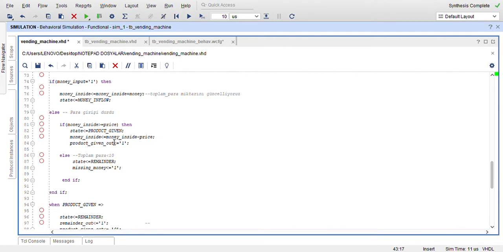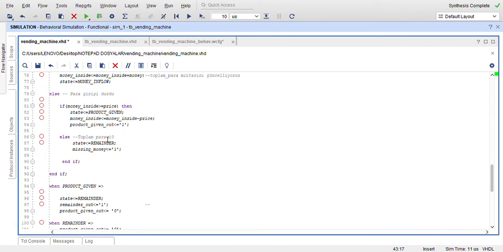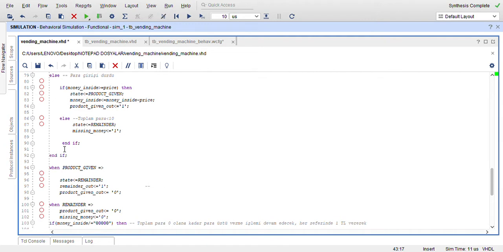Money inside will be equal to money inside minus price, which is 10 Turkish liras. And product given output will be 1 because our product is given. Else, if the money inside is smaller than 10, state will be reminder, missing money 1, because the customer has no money to buy the product. Of course, we write our end ifs.